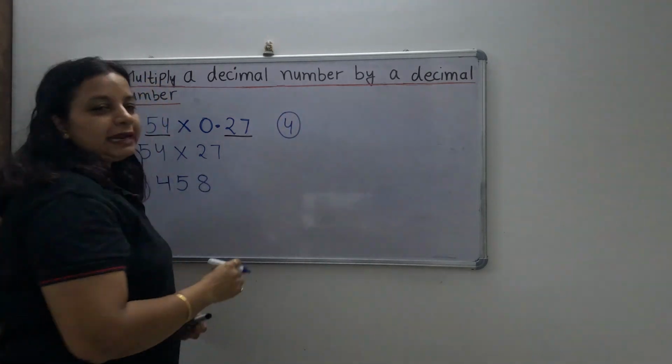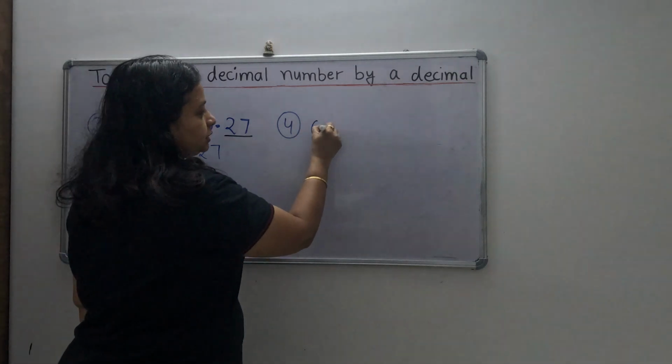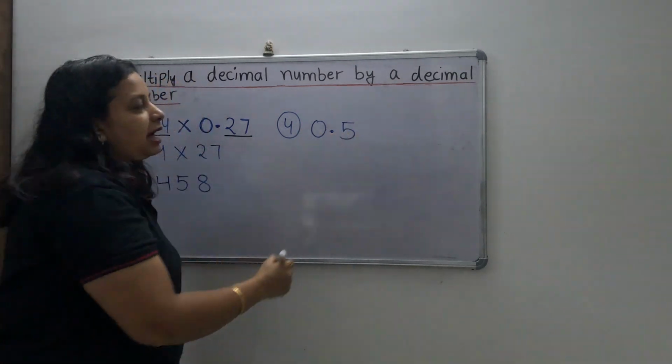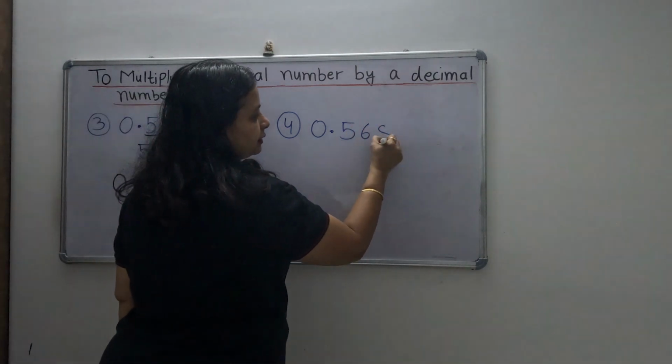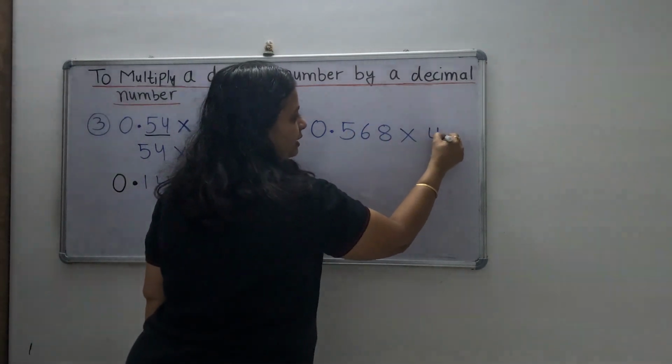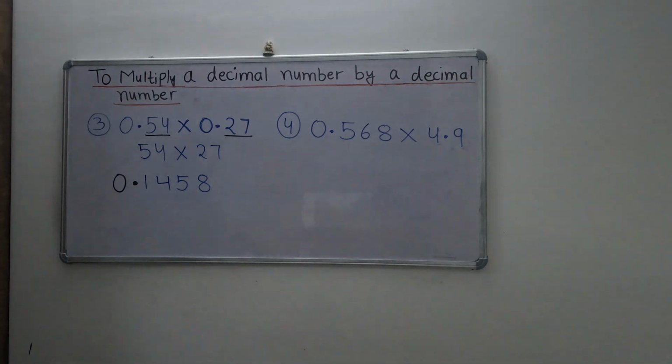So we are doing all types of questions, from small simple numbers to difficult ones. Now the next is, suppose we have a bigger number, 568 times 4.9. Now we have both decimal numbers, right?